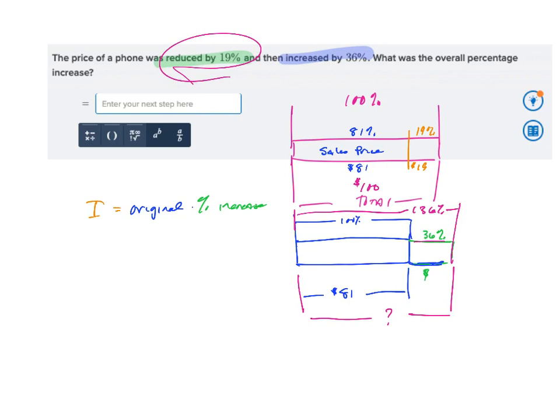So we're going to figure out what our increase is. And our original here is the $81 times our percent increase, which is 36 over 100. So I'm going to have that my increase equals $81 times 0.36, because that's what 36 over 100 is, which means my increase is going to equal $29.16.